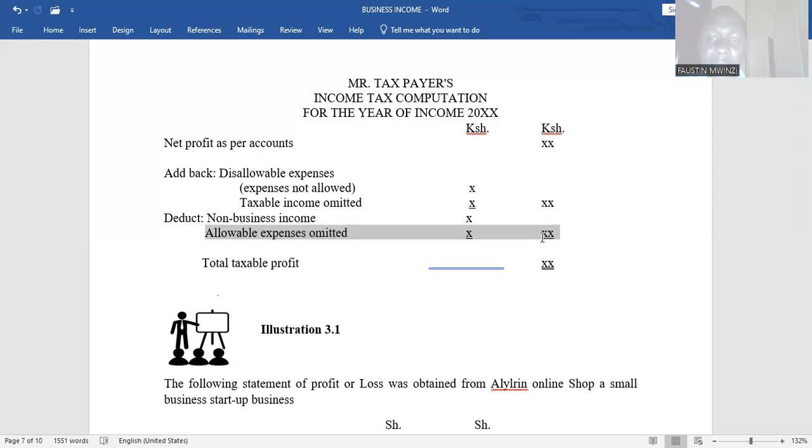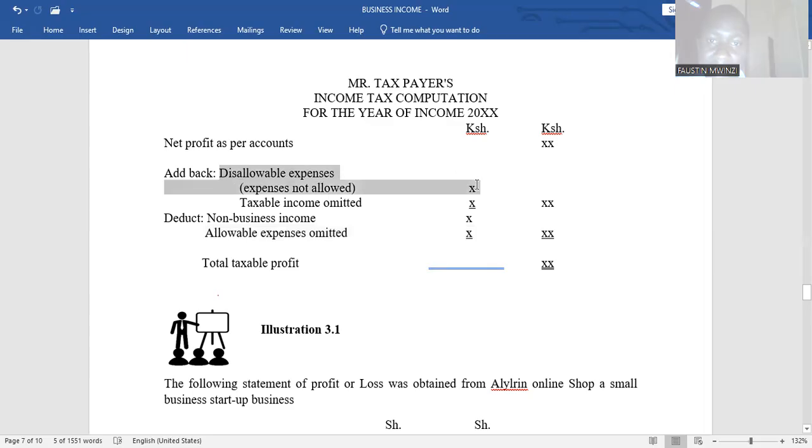which is known as capital allowances. We have seen that depreciation is not allowable. Depreciation is among the disallowable expenses that will come and add back here. You disallow depreciation because it's an estimate, whereby you say a computer like this, you want to give it 50% depreciation. They say you cannot just guess that you are going to give it 50%. The tax law will give you a standard rate for depreciation on computers, on furniture, and all those items. That standard depreciation is allowable.